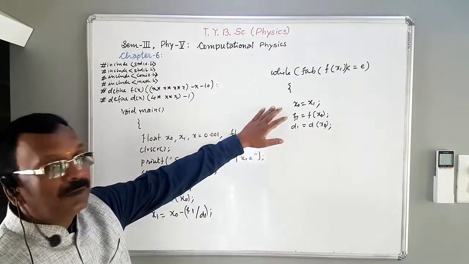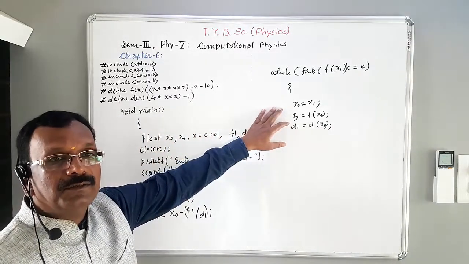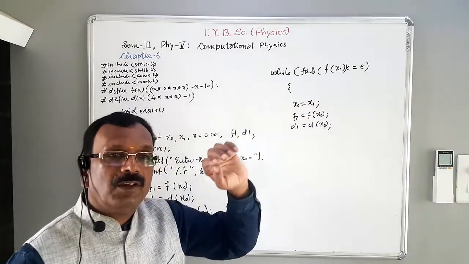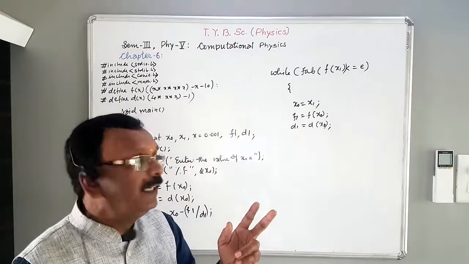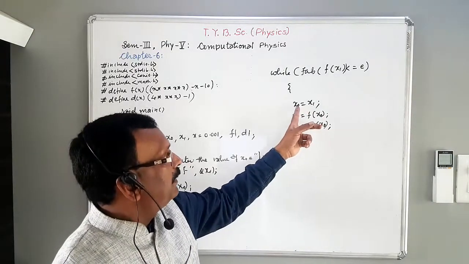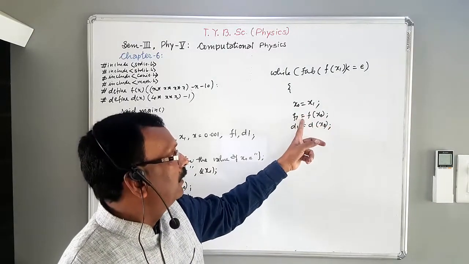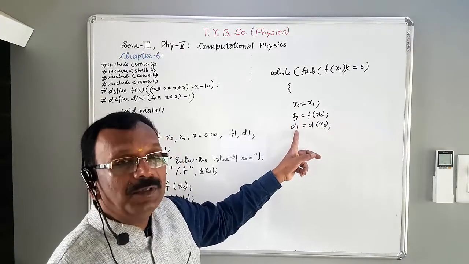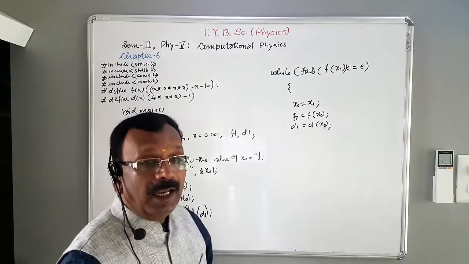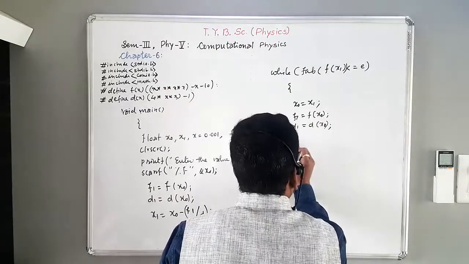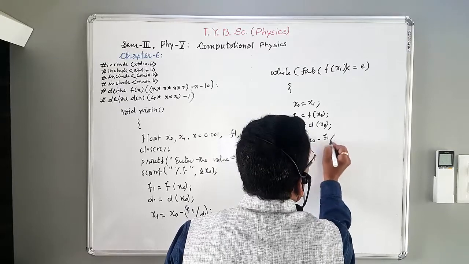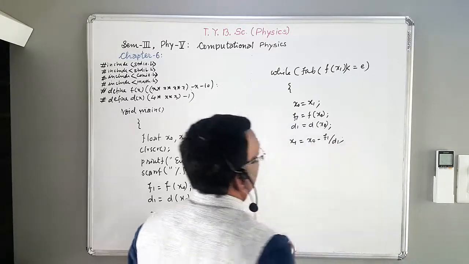Here, when the first iteration is done, the first approximation is perfectly selected, then replace x0 by x1 and again use the formula. We calculate f1, calculate d1 for next approximation, and then next approximation is x1 is equal to x0 minus f1 upon d1. Okay.